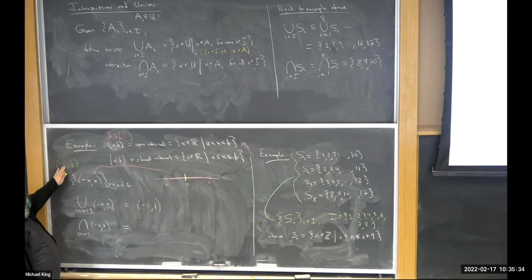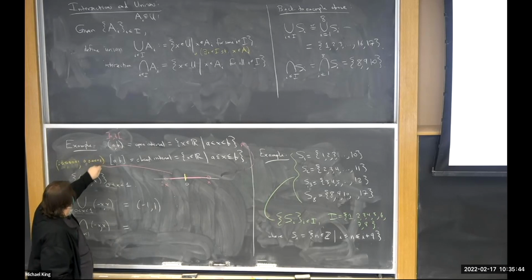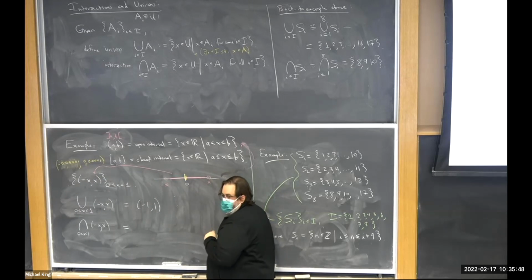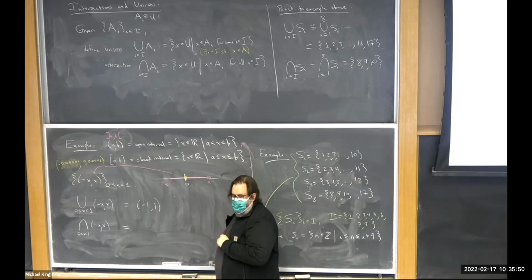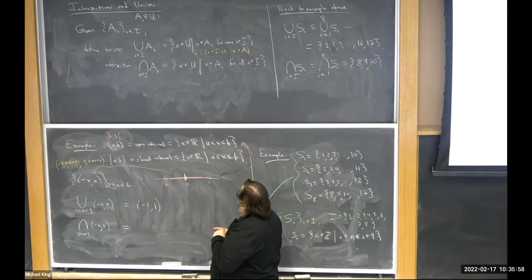But if you had -0.00001 to +0.00001, that's a tiny little interval around 0. So it contains 0 inside it. Am I doing something with the notation that's weird?